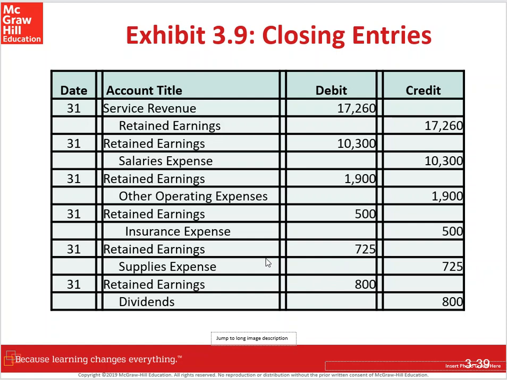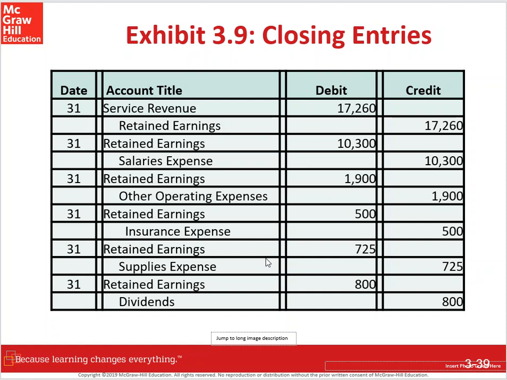I can tell you in your homework, a lot of times the book wants you to do your closing entries in just 3 entries: one for revenue, one for all of your expenses, and one for dividends. Sometimes they even want you to combine the expenses and dividends.